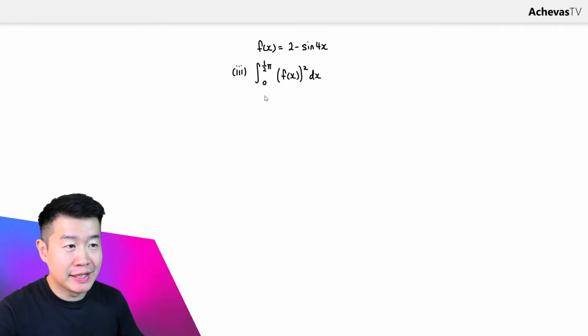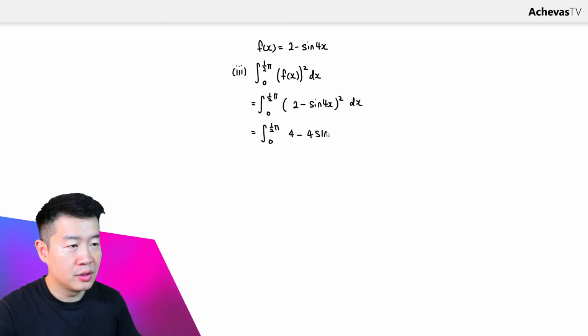And now we are going to be integrating this fx squared, which means that we will be integrating from 0 to half pi of fx squared. Fx is given to us as 2 minus sine 4x, squared. And I guess one of the easiest ways for us to continue is to expand this expression. So this square will be 4 minus 4 sine 4x plus sine squared 4x.